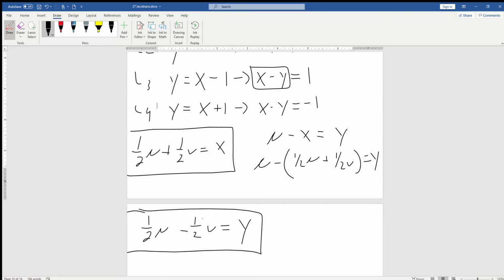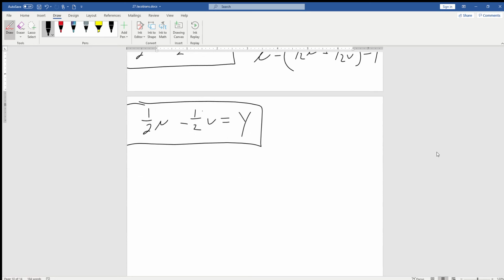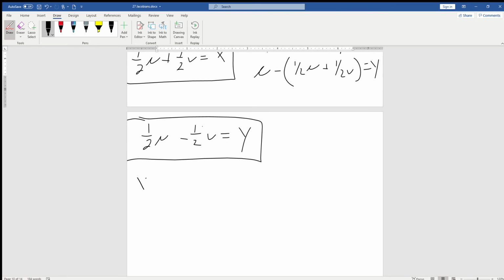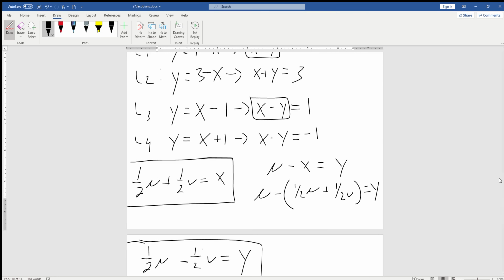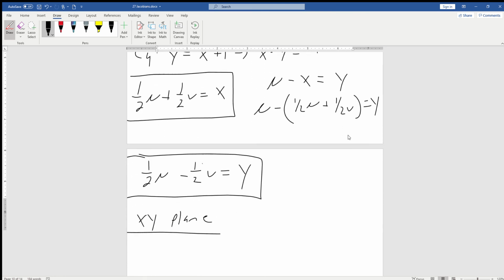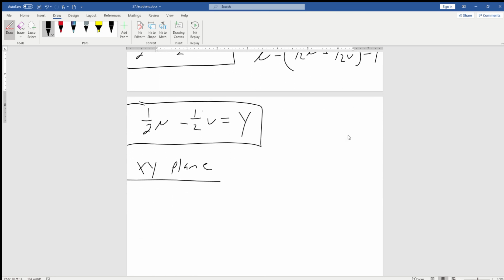All right. We want to translate from the xy plane to the uv plane. Okay, so in the xy plane, remember we had our 4 lines. We had x plus y is 1 and x plus y is 3.